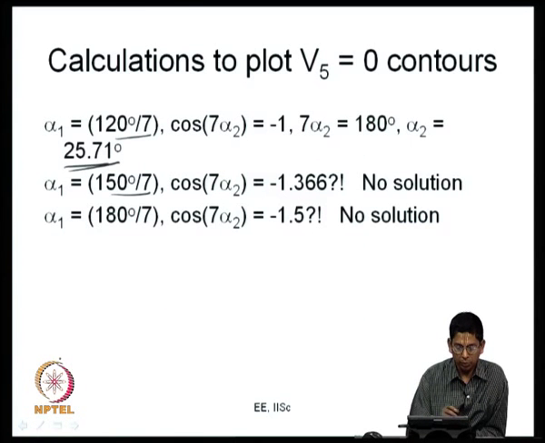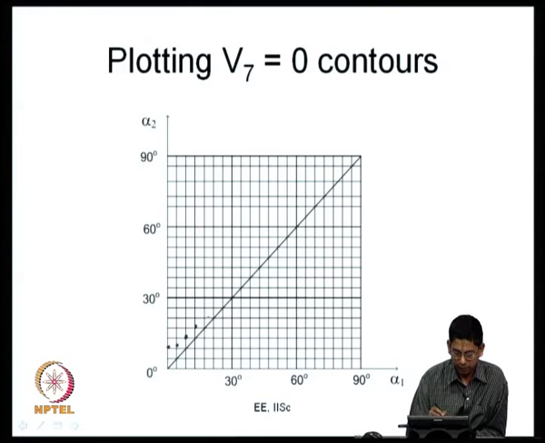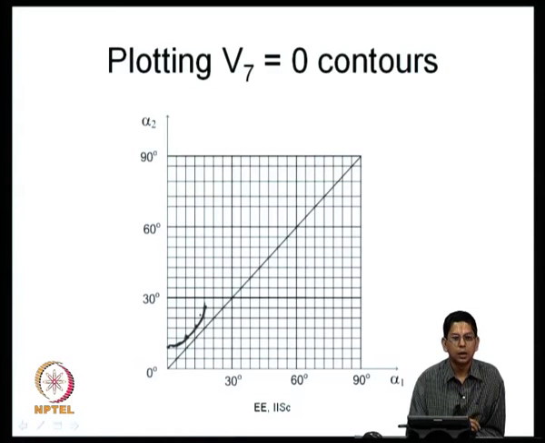Then you come to 120 by 7, you have alpha 2 is 25.71 degrees. So, 25.71 is something like here. This is the curve that you have, and this is just one of the solutions.